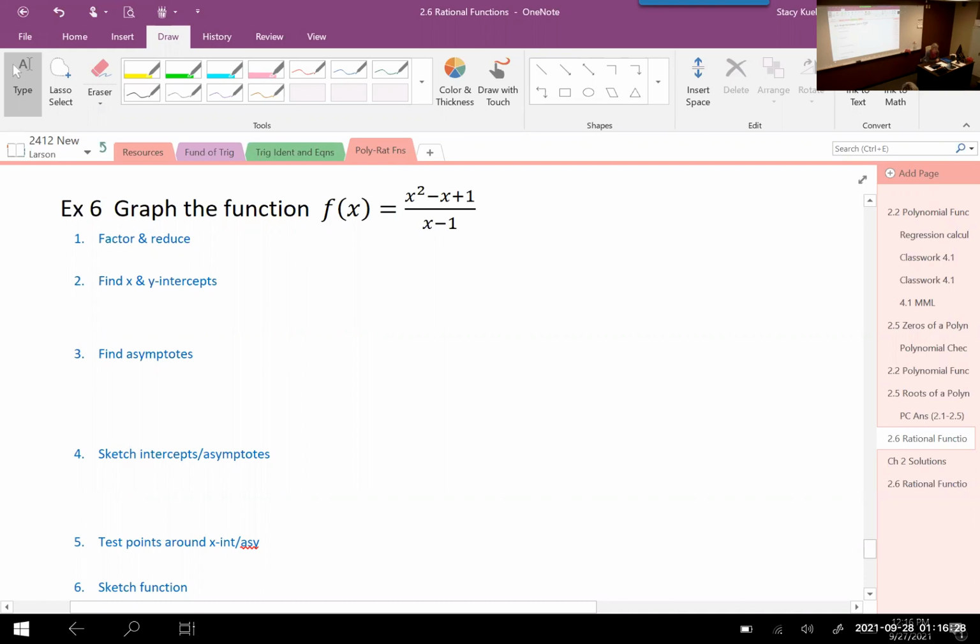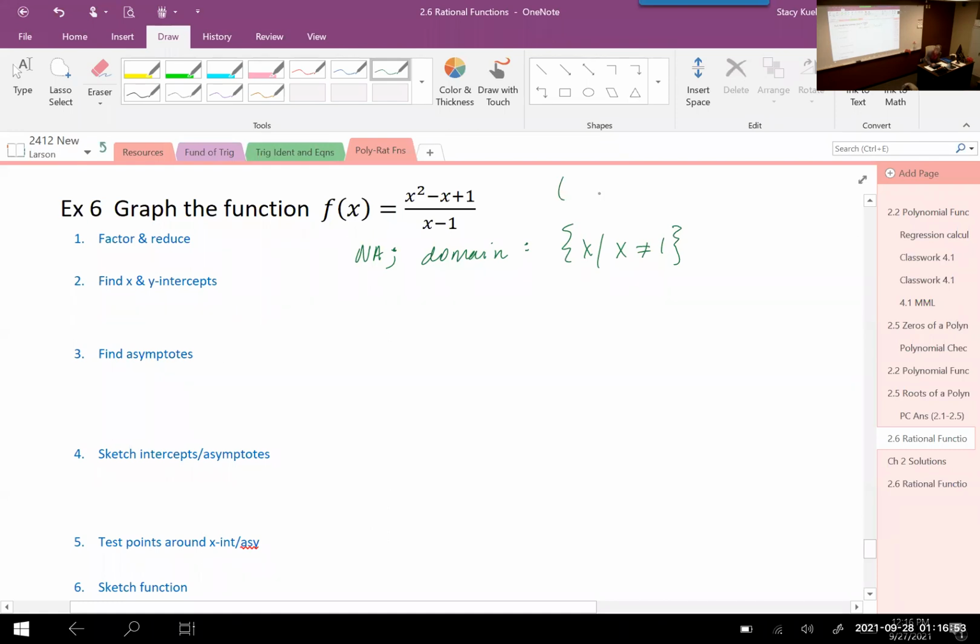What would the domain of this function be? Okay, let's practice just for a second. X such that x cannot be equal to 1. That's called what type of notation? Set notation, because of those set brackets.